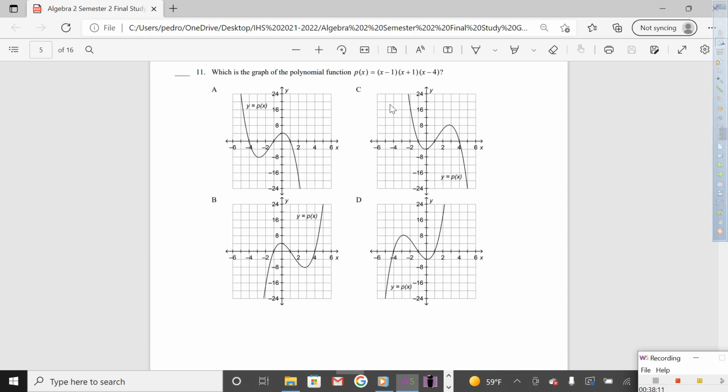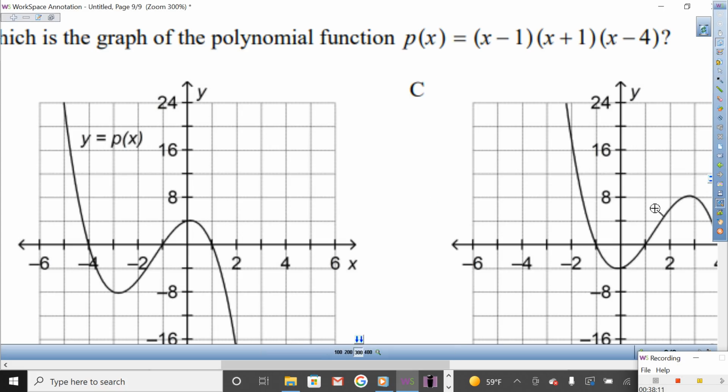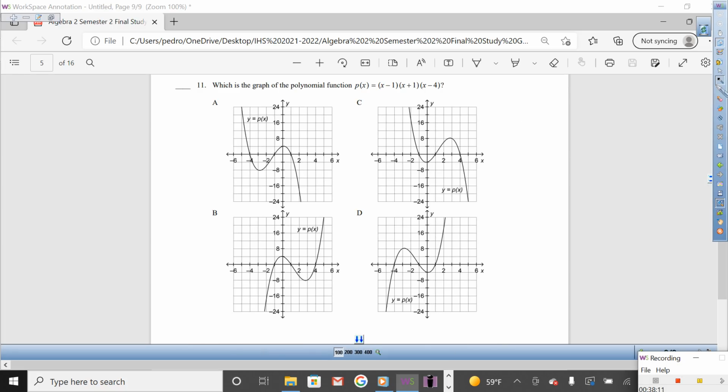Yes, they are. Except these are negatives, aren't they? Because they're going the opposite direction. So it can't be these two. It can't be this one because it's starting up here and goes downward, or that one. So it's going to be one of these two.